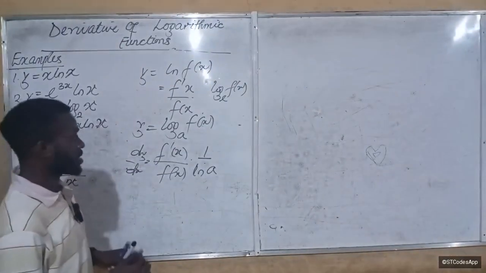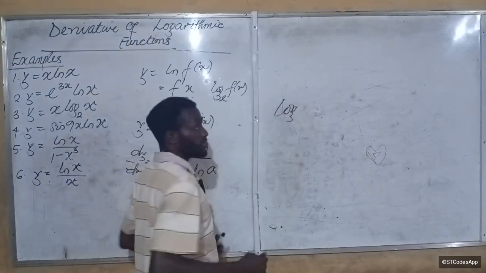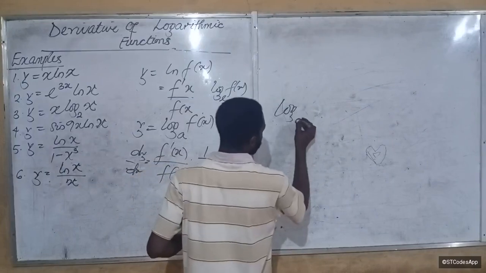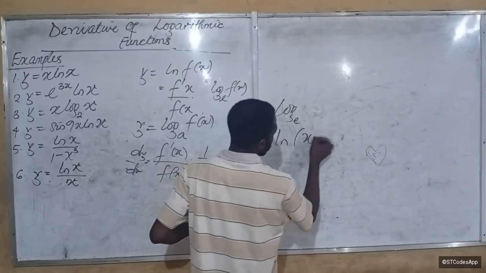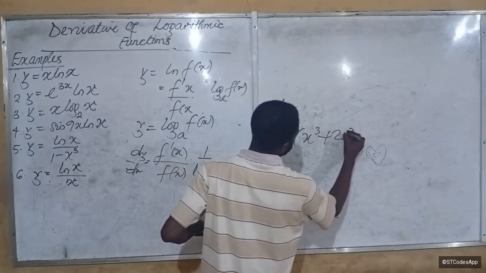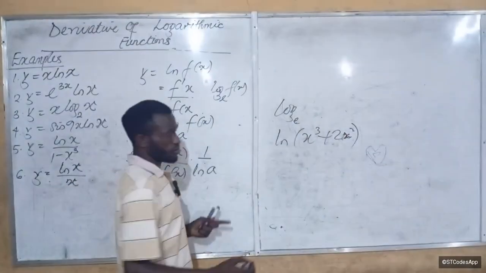Let me give you an example, first to base e: y equals ln of x cubed plus 2x squared. Before we use those questions, I just want you to see this.